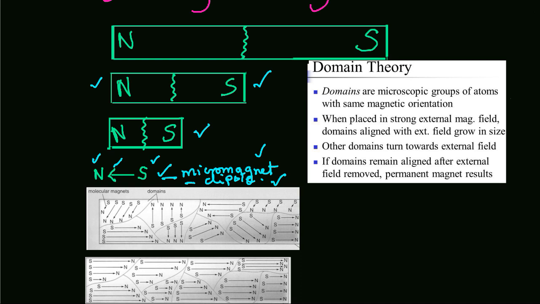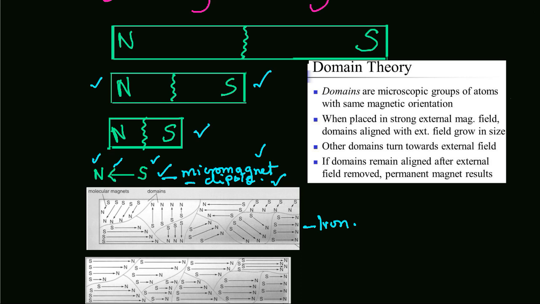If we take a magnetic material such as iron, then the iron as a material would be made up of the small dipoles.